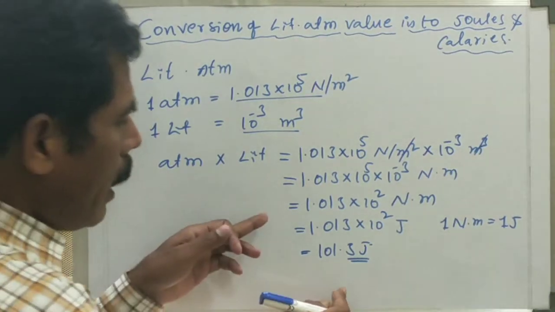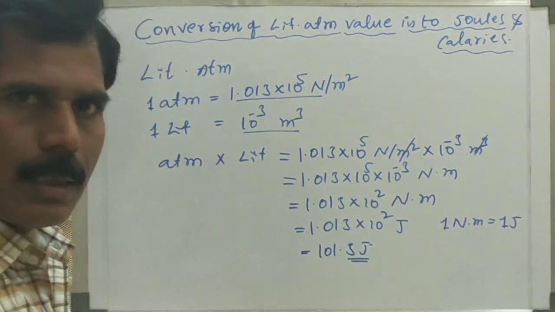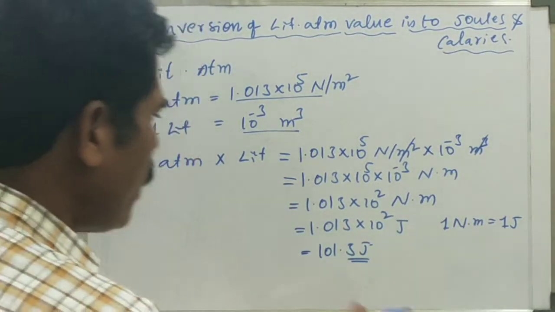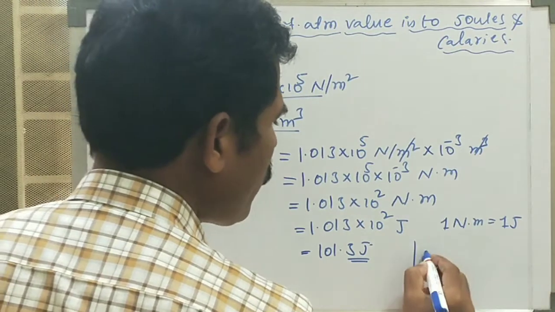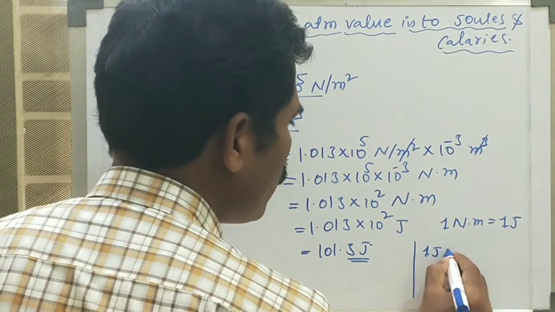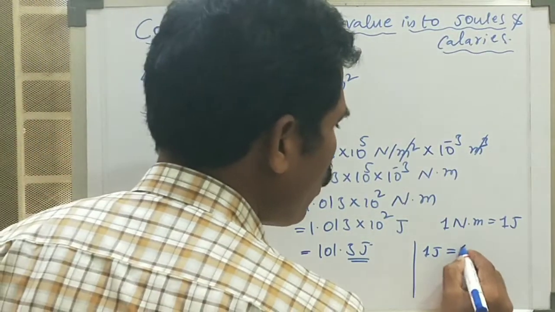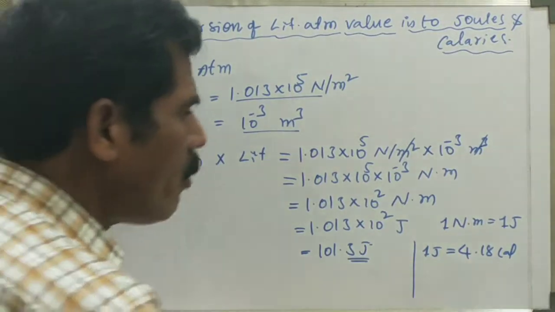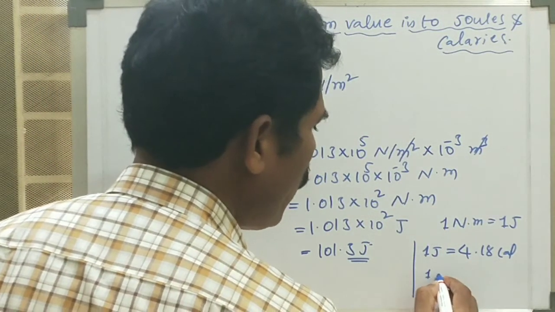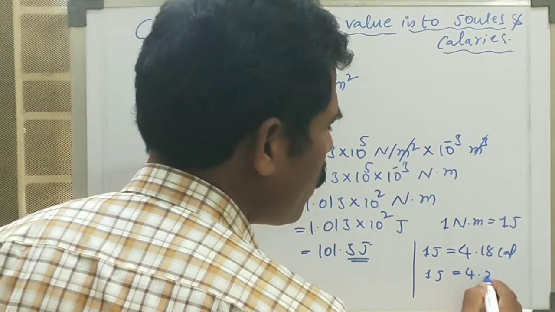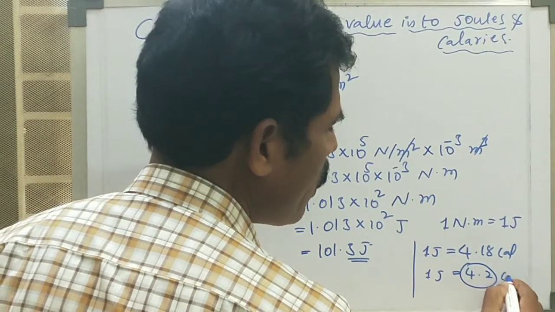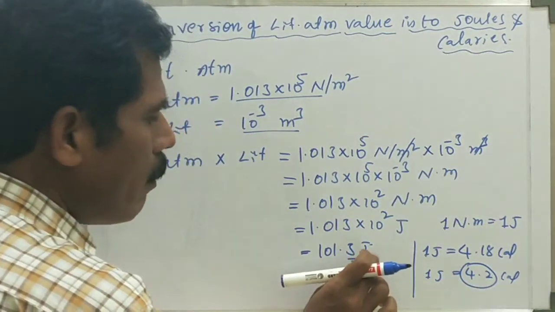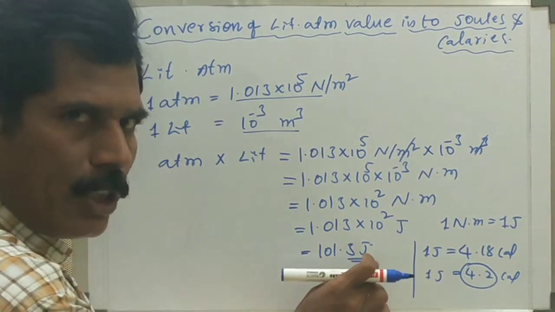Then we are going to calculate this value into calories. Here 1 joule is equal to 4.18 calories. The round figure of 4.2 will be used, so 4.2 will be substituted instead of joule.